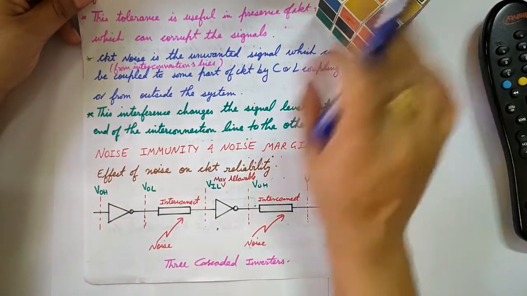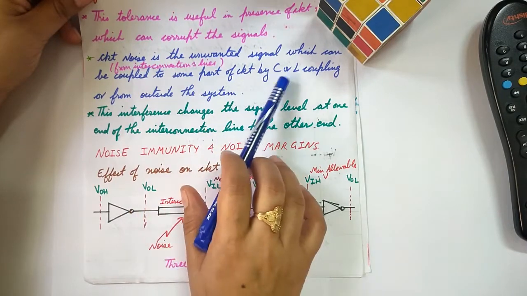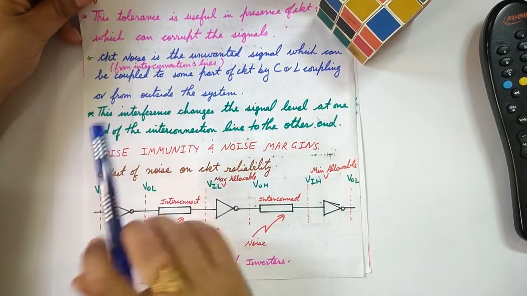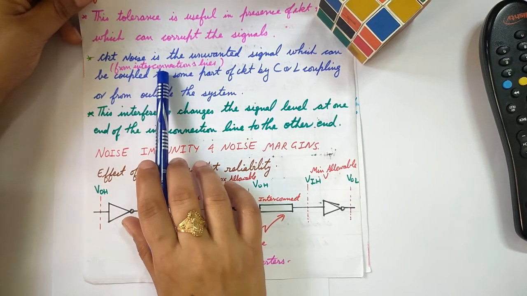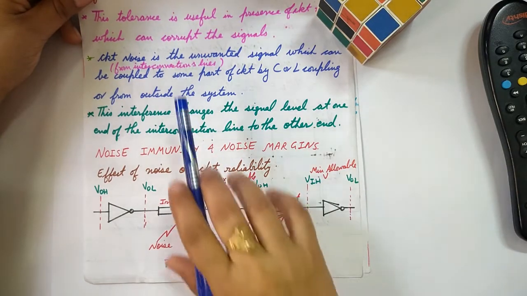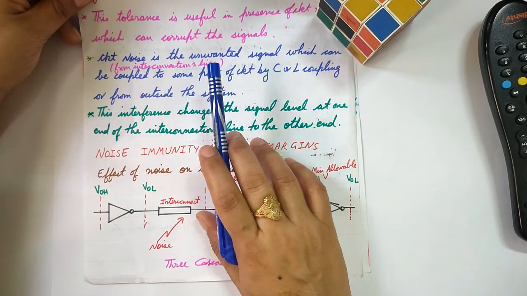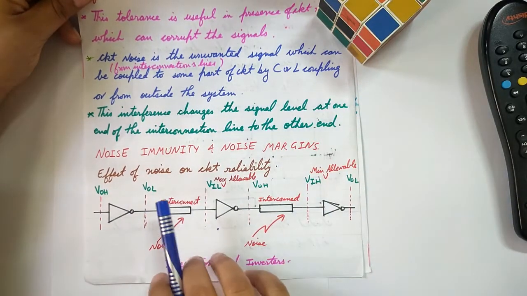So circuit noise, you all know, is an unwanted signal which can be coupled to some part of the circuit by capacitive or inductive coupling, or from outside the system. The coupled signal is basically from interconnection lines, which are made of either metal or polysilicon and connect the output of one device to the input of another.